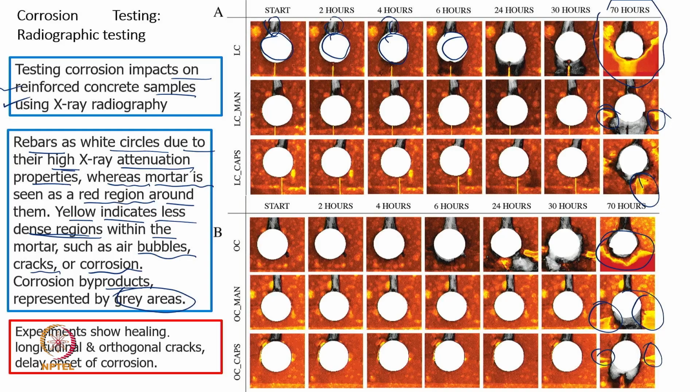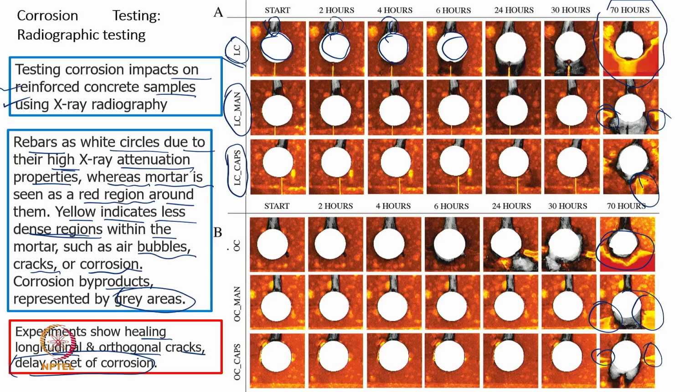So, the experiments show healing of longitudinal and orthogonal cracks, and it causes a delay in the onset of corrosion. If I look at this LC, a longitudinal crack, there is no healing as such, while in this case a manual healing has been done and an automated healing has been done, and we are able to see a lesser yellow portion in LC man or LC caps.